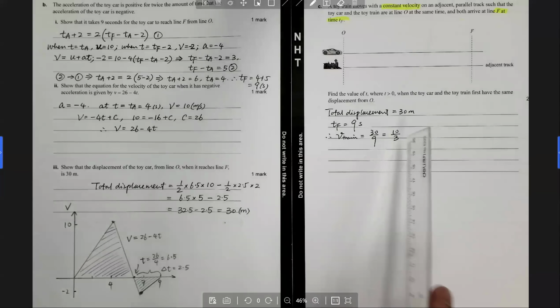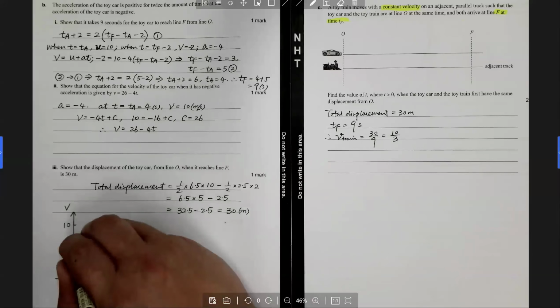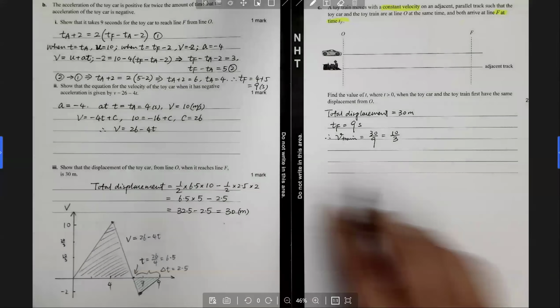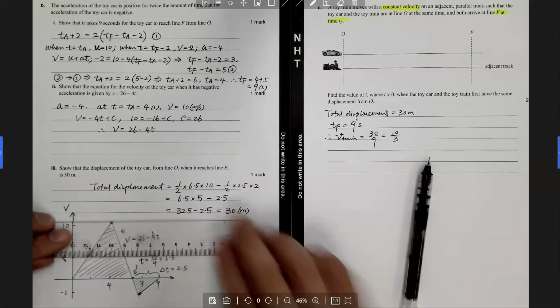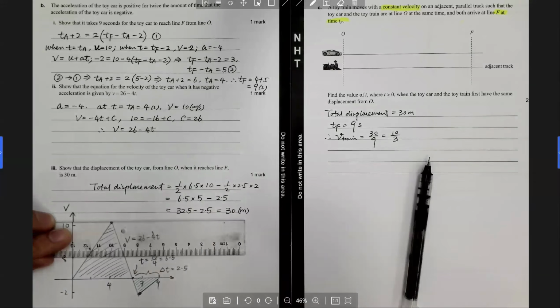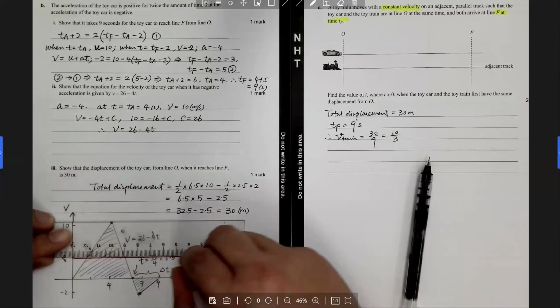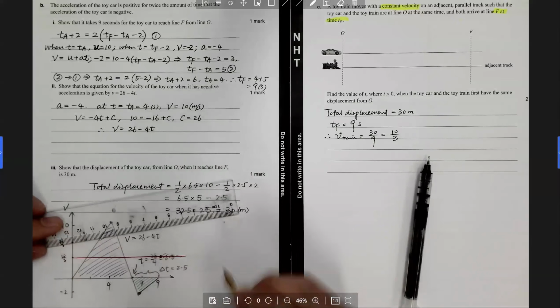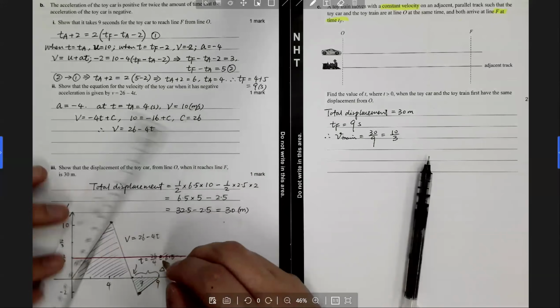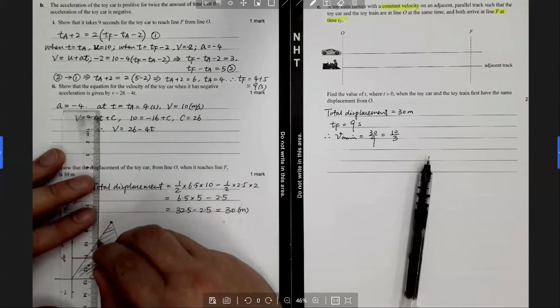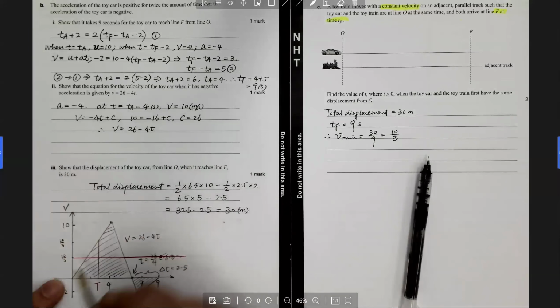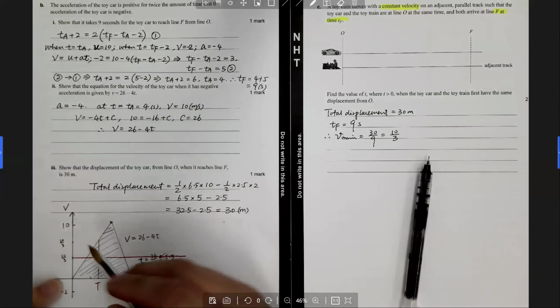So I'm going to plot this graph on the same diagram here. Let's say this is 10 on 3, this is 20 on 3. So for example, it should be up to here, okay? Up to here. You just ignore this bit. And then I want to find a particular moment where the triangle area equals the rectangle.